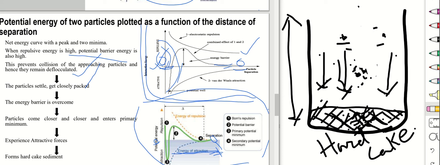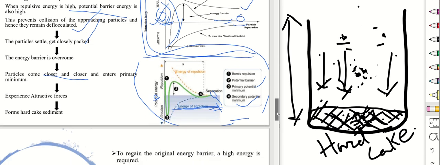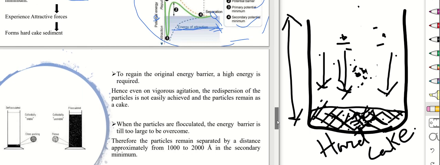So when a particle comes closer, it actually enters the primary minimum where the energy barrier is overcome by the particle, and thus all the particles come closer and form a hard cake. That is how the surface charges play a major role.